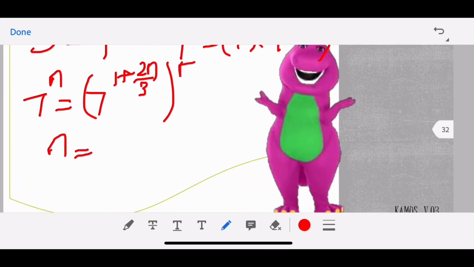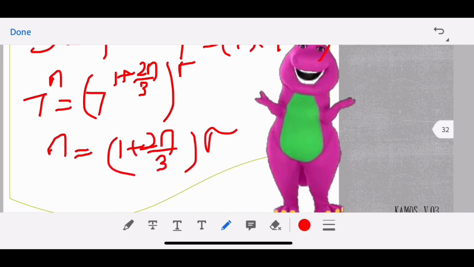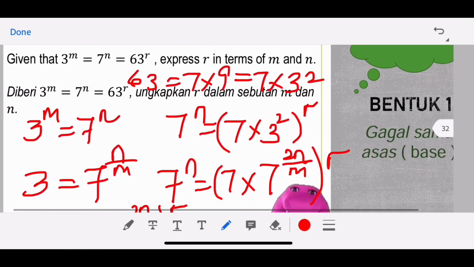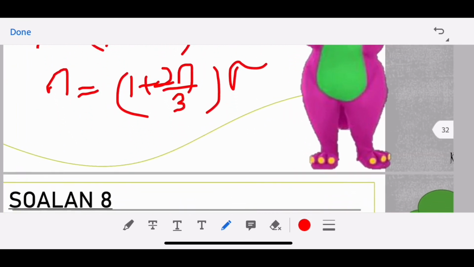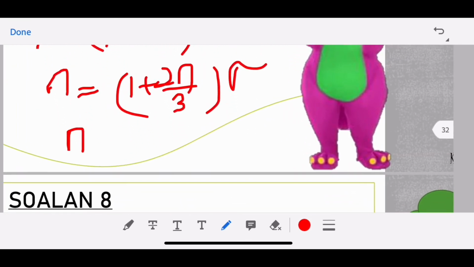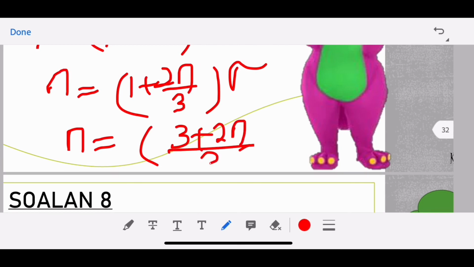Then finally your n is equal to 1 plus 2n over m times r, and make the denominator the same. So make sure you make the denominator the same. So it's mn equal to m plus 2n times r, right?